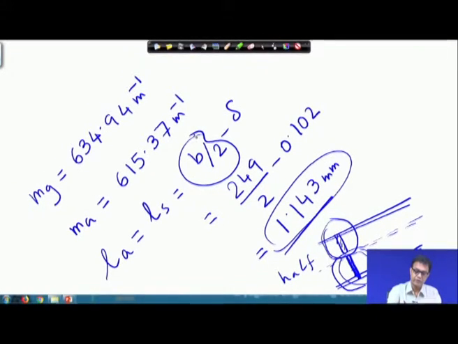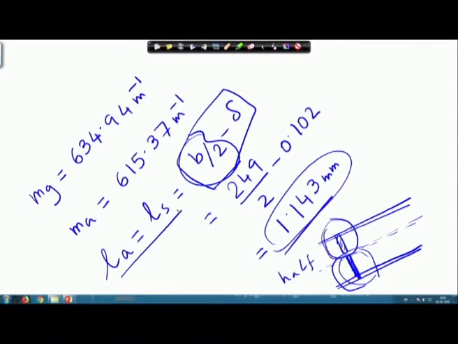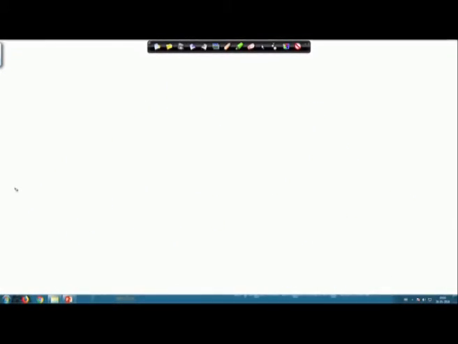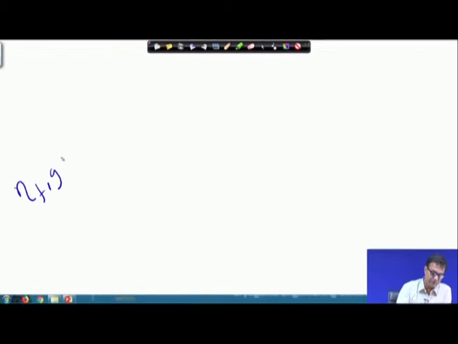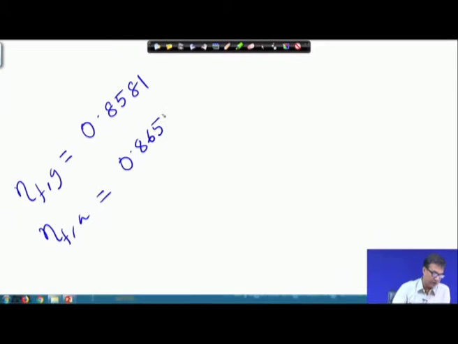At this moment, we assume that the half fin idealization works well for the two stream heat exchanger, and we have L_A equal to L_G equal to b by 2 minus delta. Accordingly we have the m values, and we can now calculate eta_f for the gas side, which comes out to be 0.8581, and eta_f for the air side will be 0.8657.